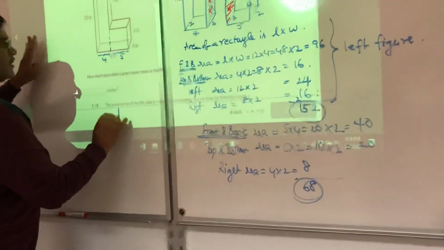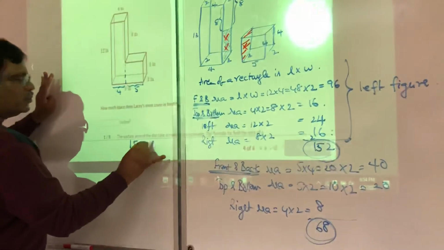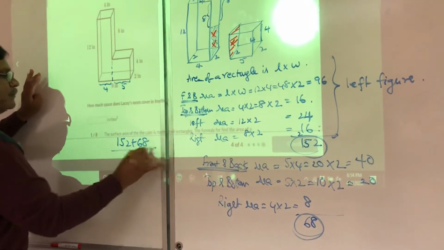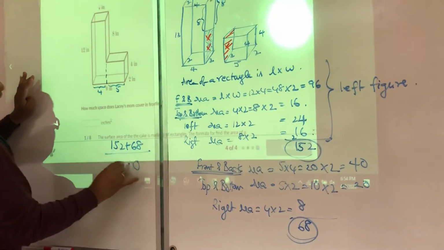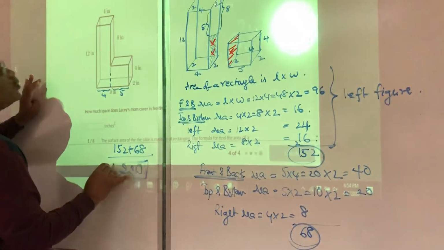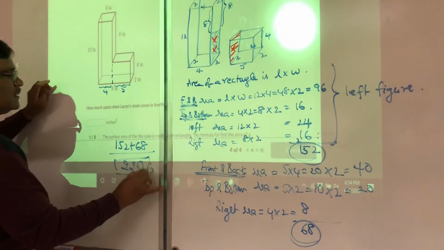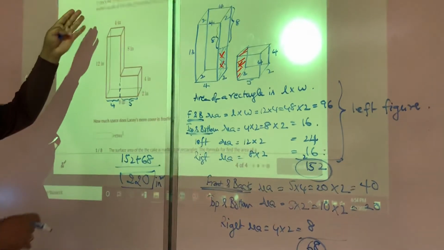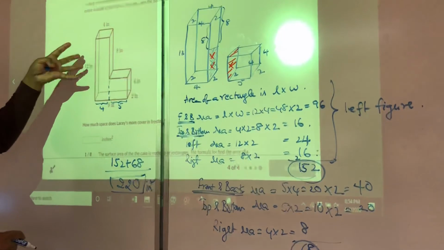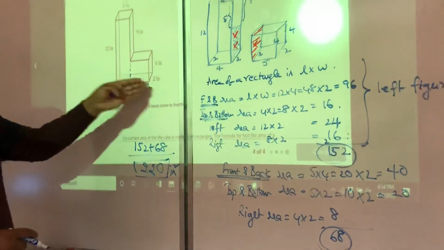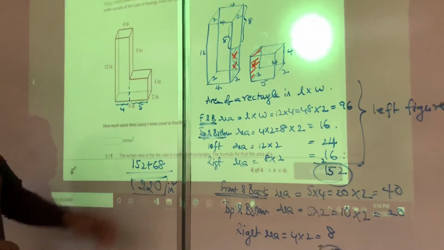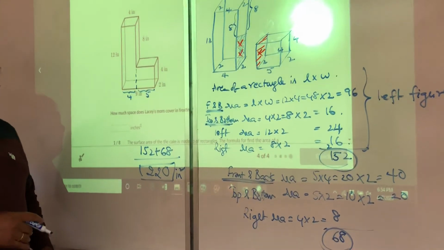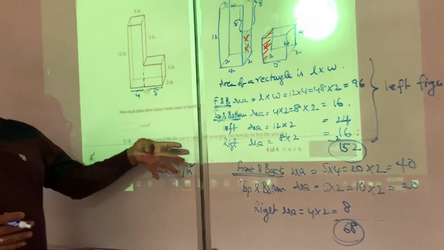So finally my answer comes out 152 plus 68, which would be 220 inches squared. So the total frosting required for this L-shaped cake is 220 square inches, right? I hope you got this explanation.